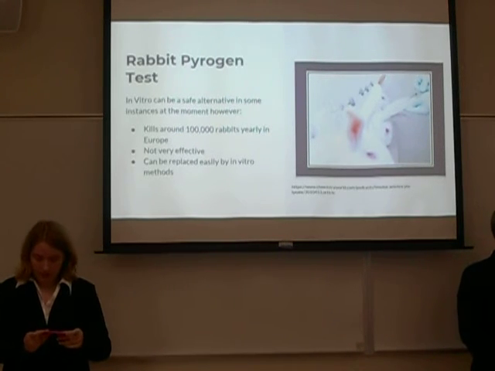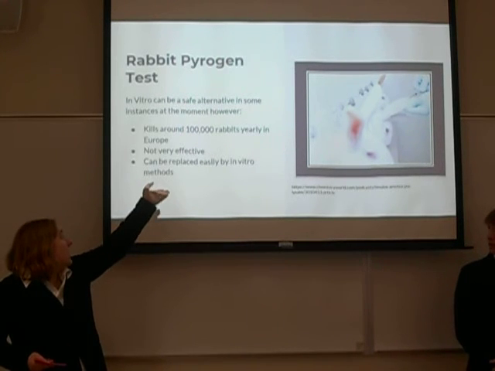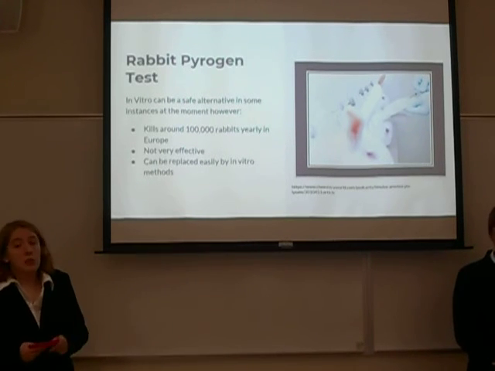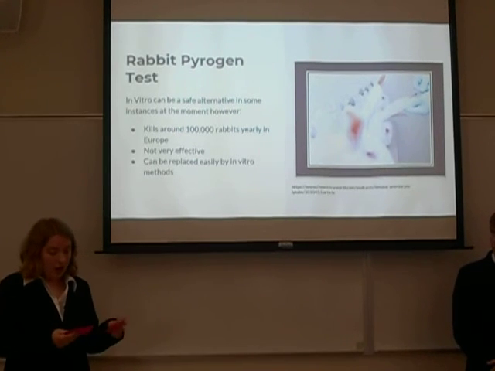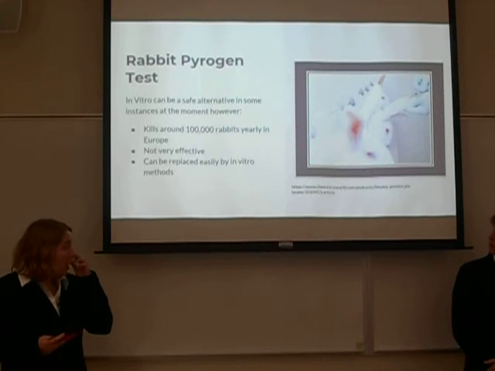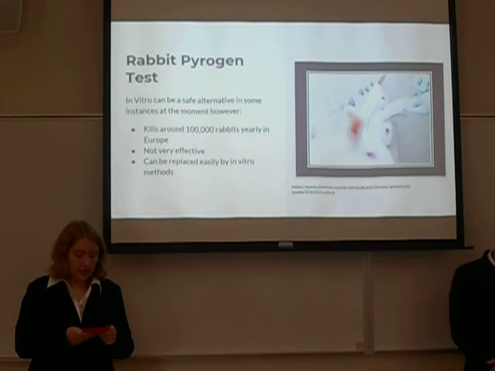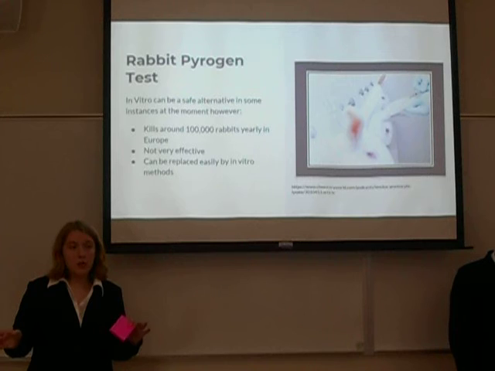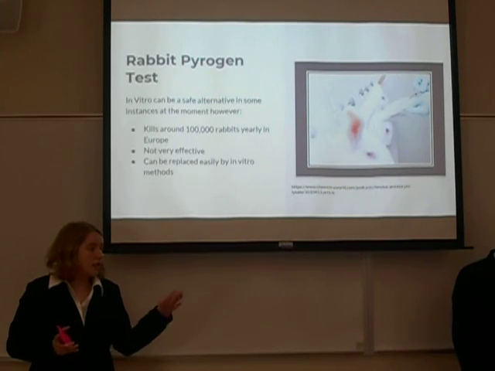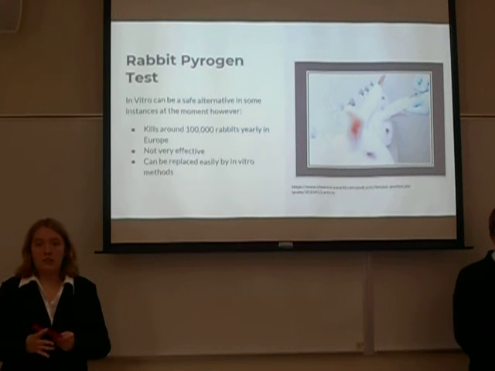However, as Danishad et al. mentioned, 100,000 rabbits die yearly in Europe alone from this test. The in vitro method that counteracts this, or should be used in place of it, is the LAL, which is made of blood cells extracted from horseshoe crabs, and while horseshoe crabs are not technically protected under the acts, they're still thrown back into the ocean after their blood is collected.